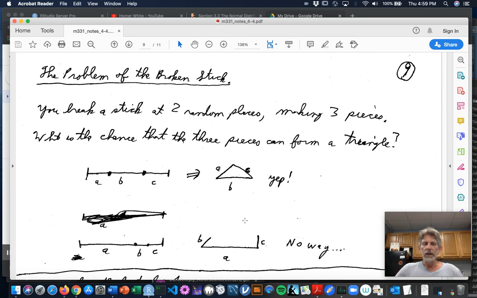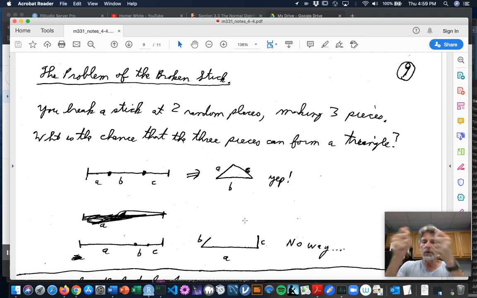Okay, another little application of bivariate distributions. I call it the problem of the broken stick. So say you got a stick, and you just break it at 2 random places. And where you break it the second time is independent of where you break it the first time. Could be further to the left or further to the right than where you broke it the first time, doesn't matter.